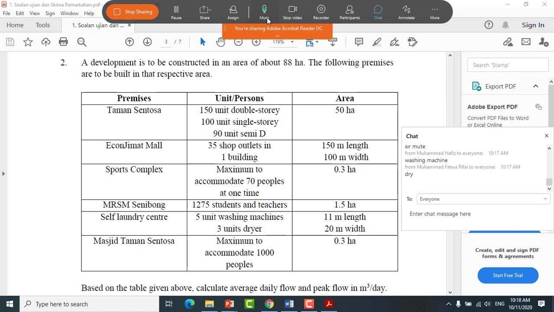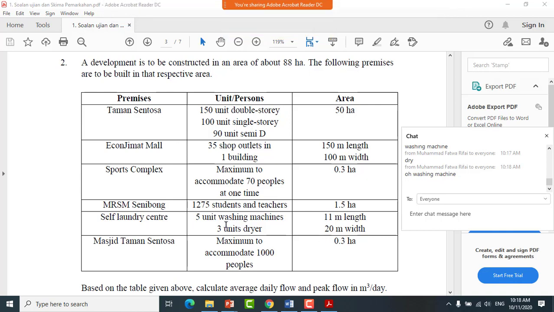Washing machine, of course. Does the dryer use water? It doesn't use water. So this is a trick. Many students say, okay, 5 plus 3, so we have 8 units, and they calculate like this. No. So please be careful. We used to put some tricks in the exam, that's our job.